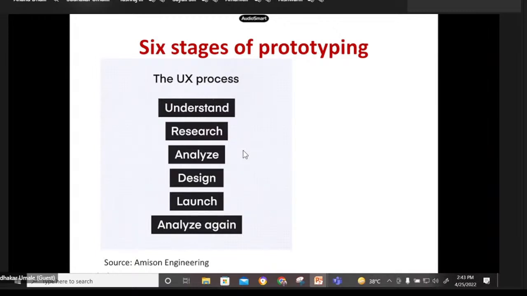I want to understand the first stage, that is very important. That is understand. What is the meaning of understand? It is very important to understand customer feelings. When they use a specific product or service, it includes a variety of feelings like emotions, different senses, and physical interactions.